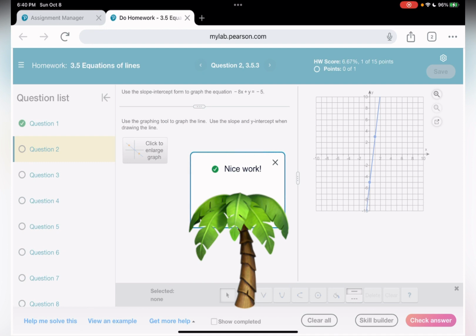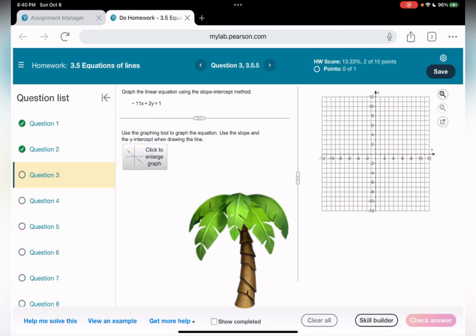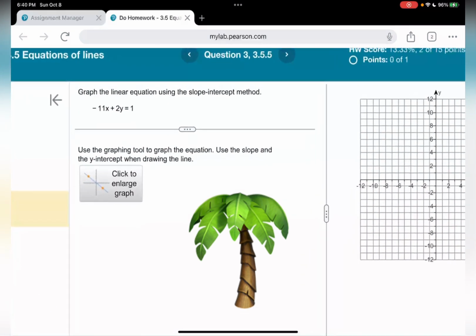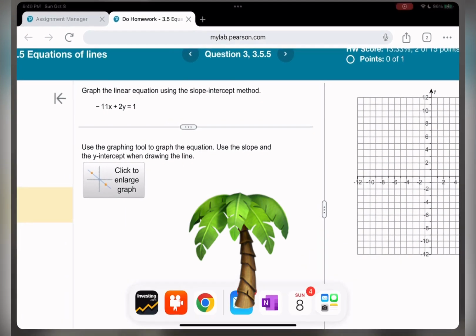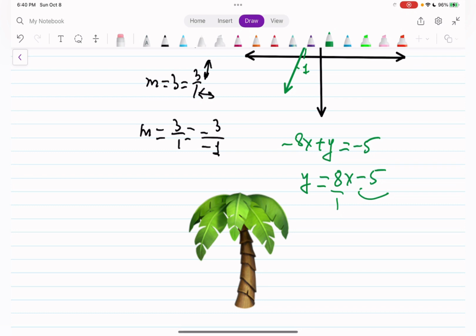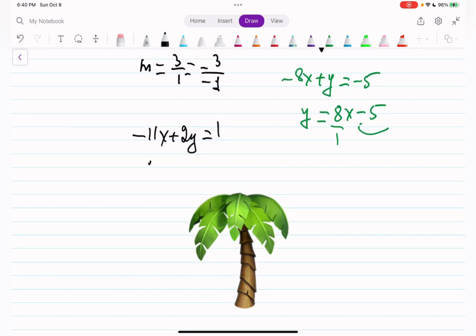Question number 3. Negative 11x plus 2y equal to 1. So 2y is equal to 11x plus 1.